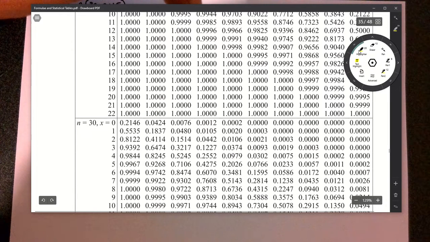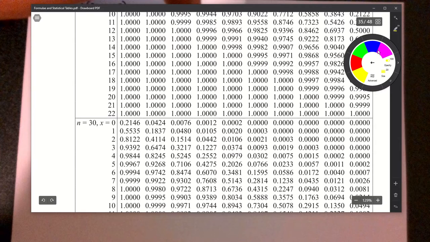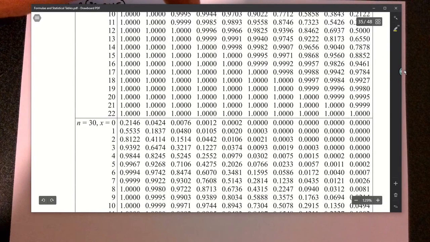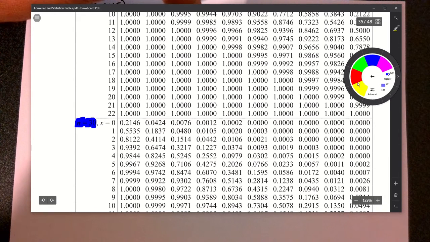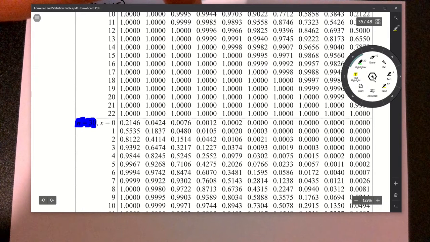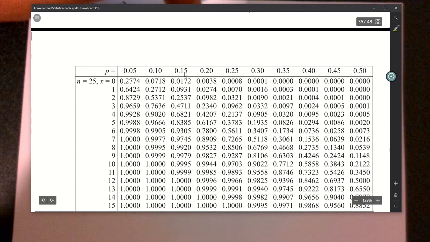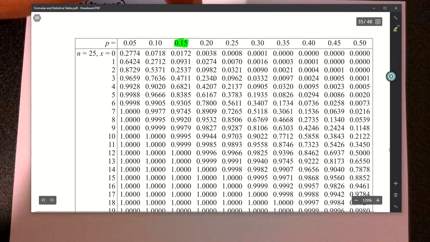So if I grab my highlighter, we're looking over here at n equaling 30, and the probability is equal to 0.15, so we're looking down in this column.